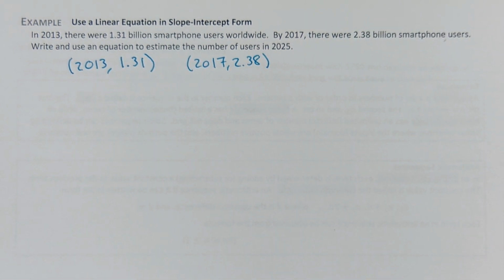We need an equation. All I have is two xy pairs. What could I do with two xy pairs? If you remember back to Algebra 1... y2 minus y1 over x2 minus x1. Yes. What did you just tell me the formula for? Slope.